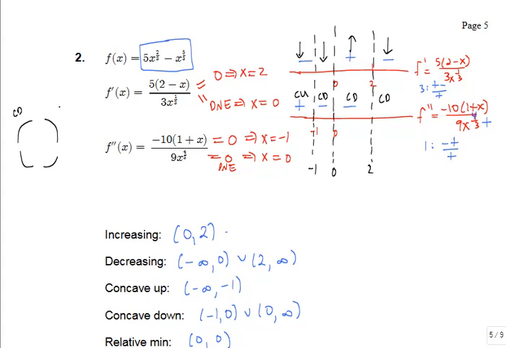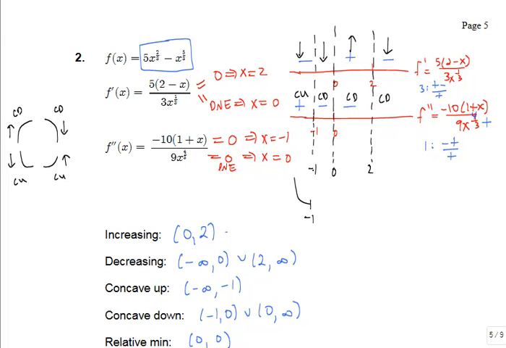These are both concave down. These are both concave up. This is increasing, decreasing, decreasing, increasing. So on this first region, I want to be concave up and decreasing. That's this shape right here, and I want to have that shape until I hit -1.